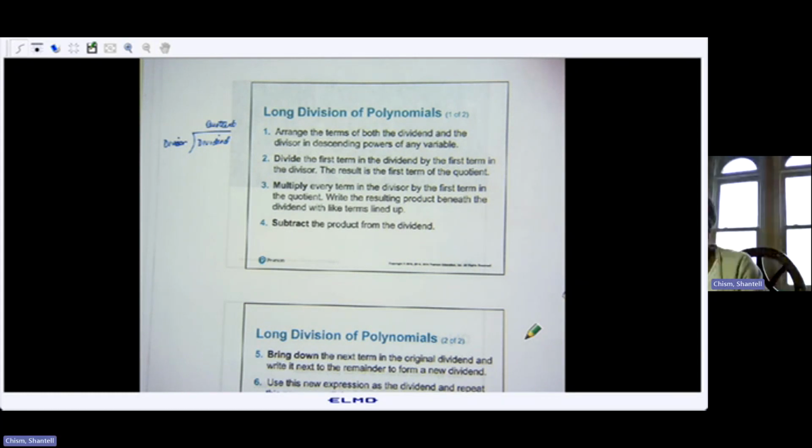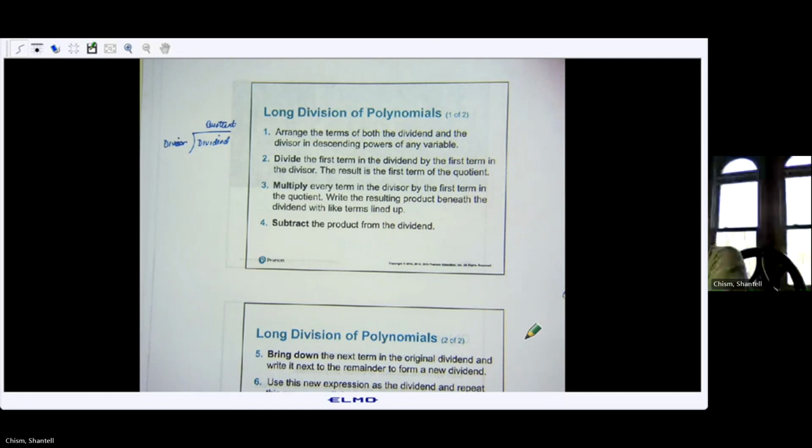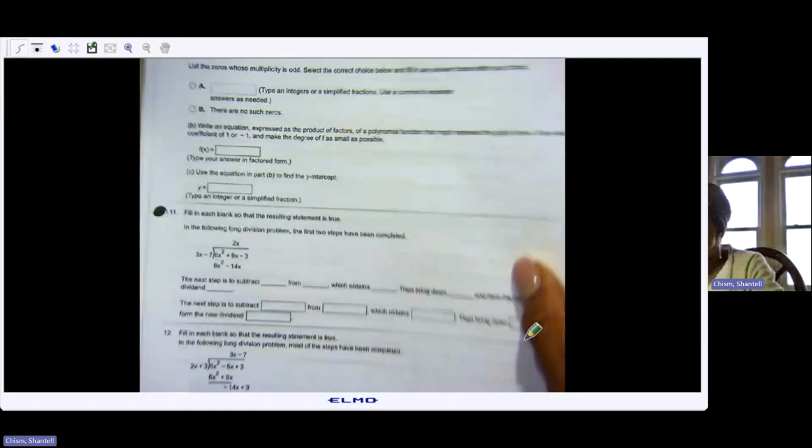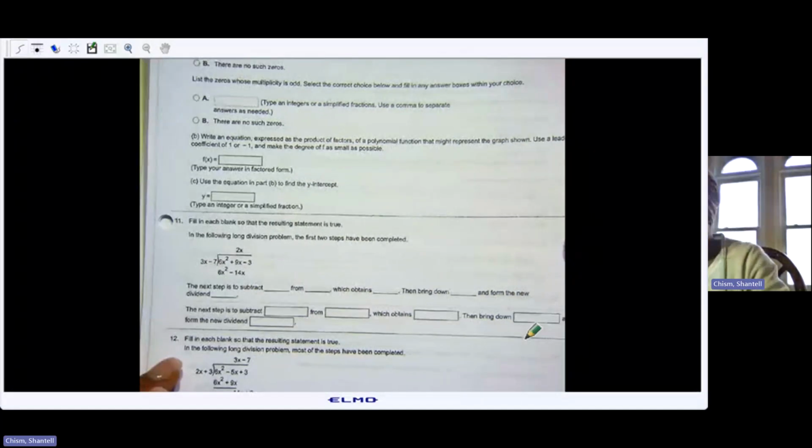I'm going to begin with a homework problem. That is, let's see here. It looks like number 11 and number 12 actually are asking us to complete or fill in the blank to kind of complete the problem, so to speak.